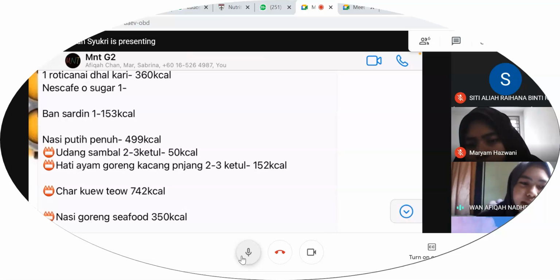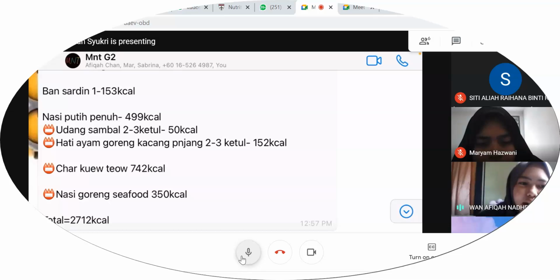And this char kway teow is for his tea time after work about 6 p.m. It's about 742 kilocalorie. And for his dinner, he ate at about 9 p.m. to 10 p.m. It's about 350 kilocalorie. For the total, his consumption is about 2,712 kilocalorie.